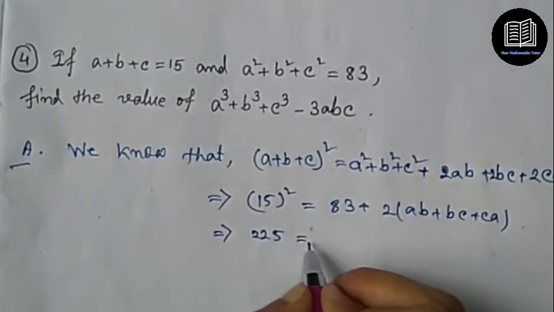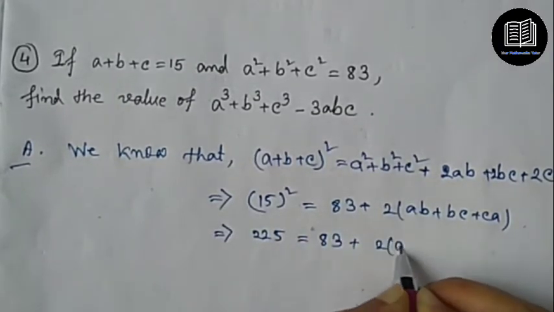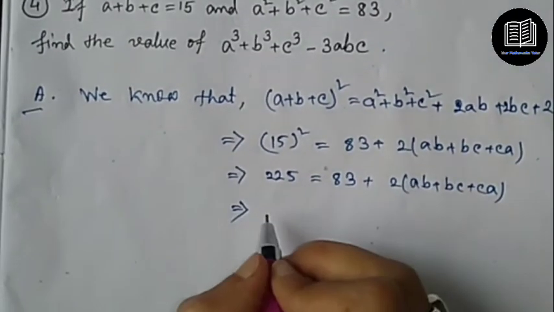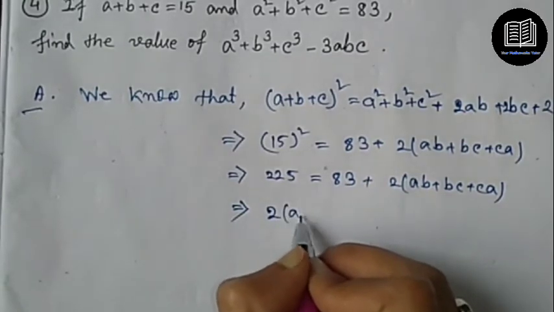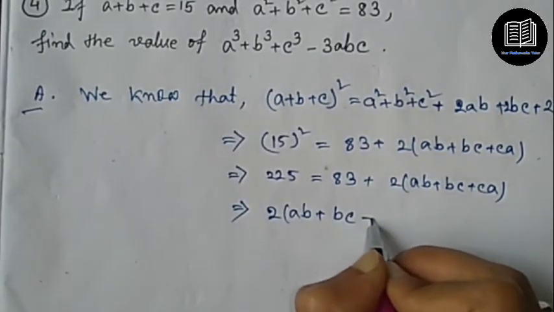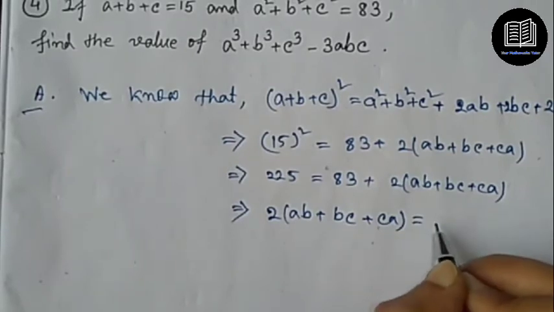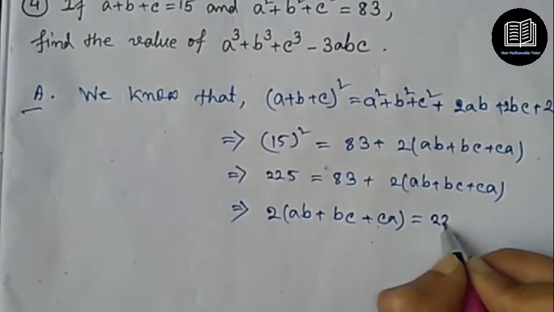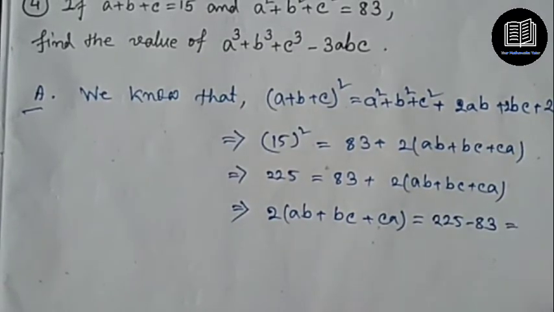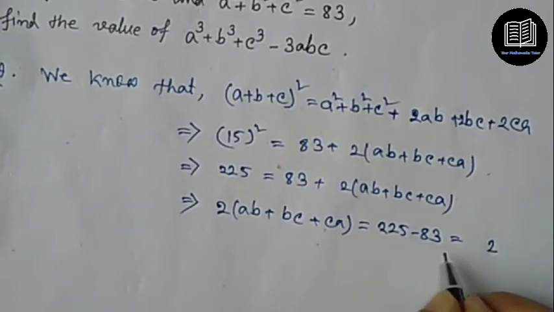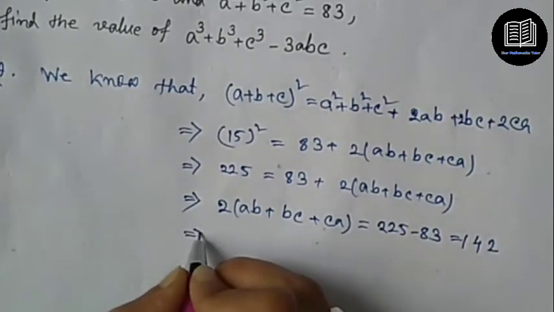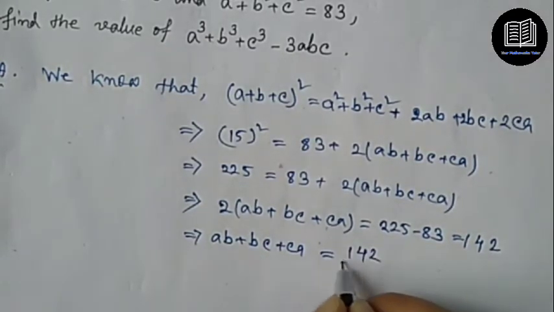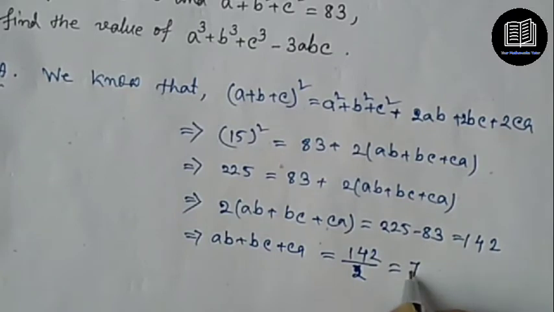Fifteen square means 225. So from here we can get the value of ab plus bc plus ca. 225 minus 83 becomes 142, implies ab plus bc plus ca equals to 142 by 2, that is 71.